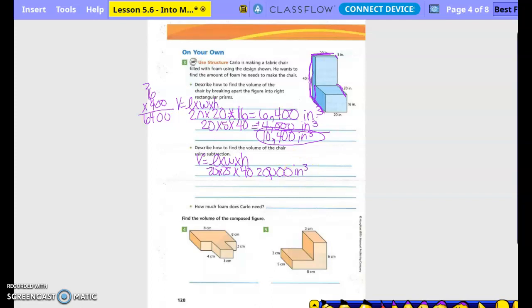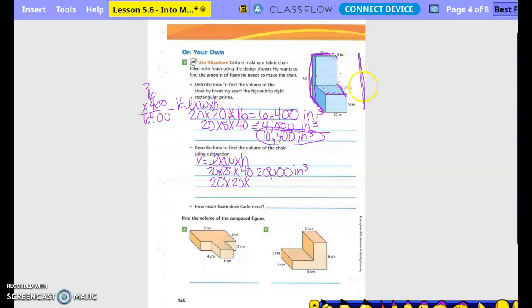Okay, but now we need to find this open area right here, right? So it'd be 20 by 20, right? Because this part right here would be 20. This part going back would be 20, right? Now we need to figure out the height.